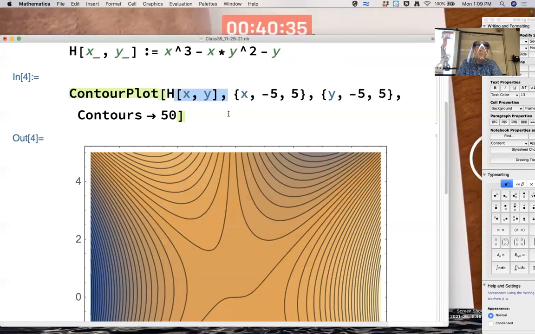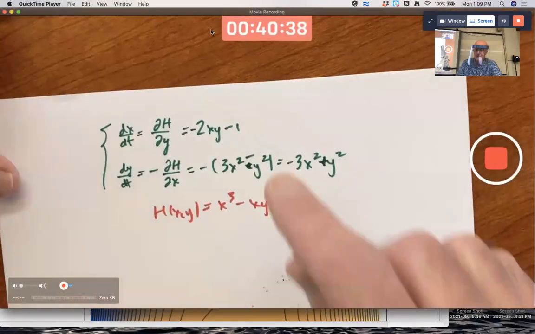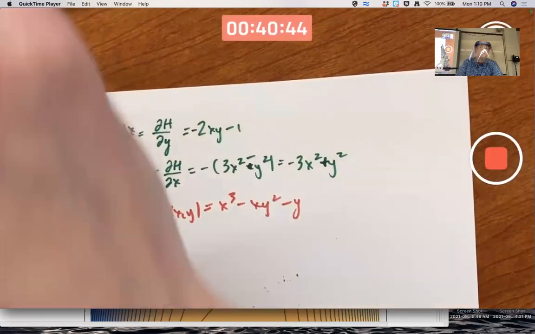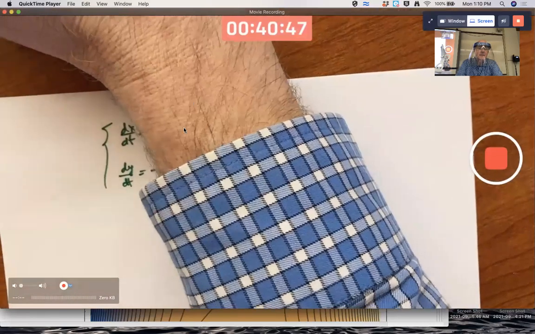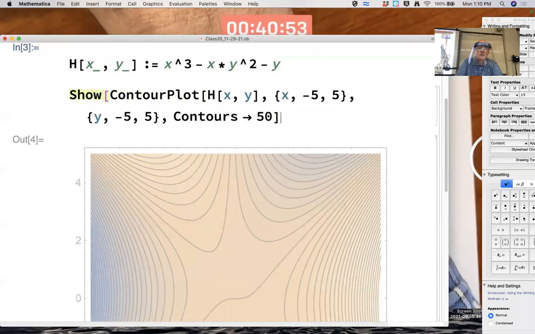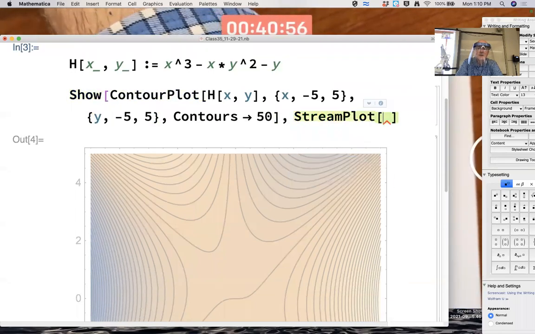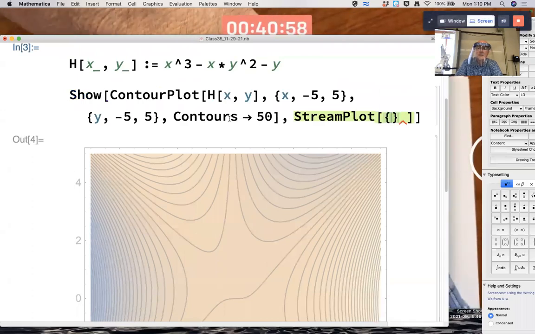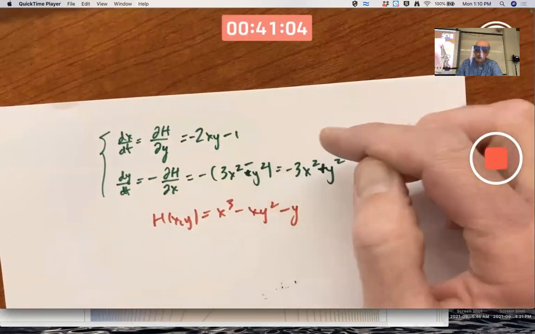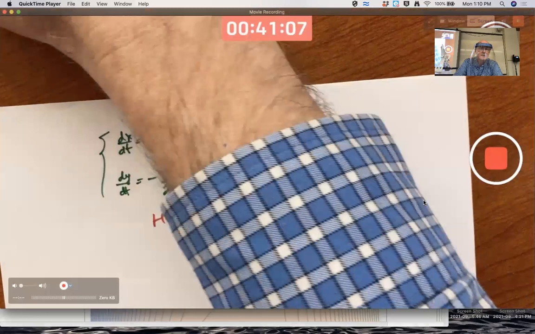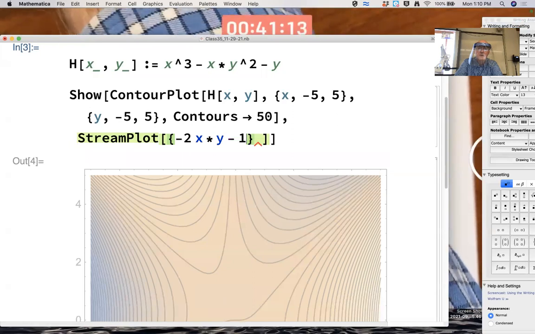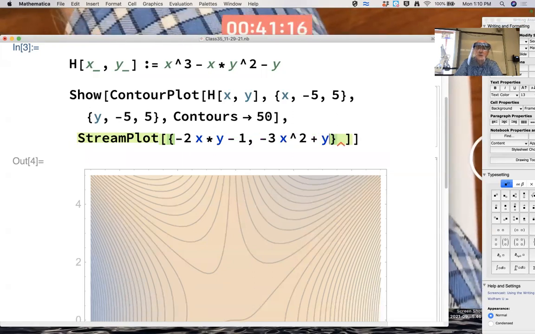The corresponding Hamiltonian system of differential equations turns out is going to have solution curves which are on top of those level curves. So if I make a stream plot, I show this with a stream plot of the vector field, negative 2xy minus 1 for the first component, and this thing for the second component, negative 2x times y minus 1, and negative 3x squared plus y squared.